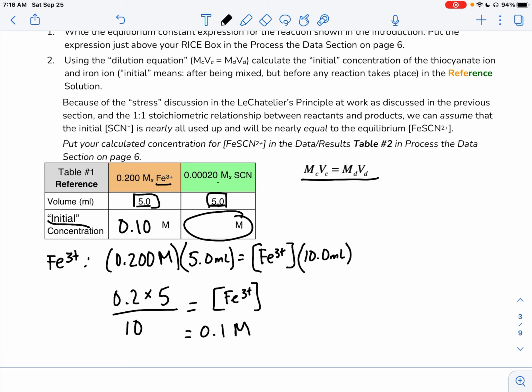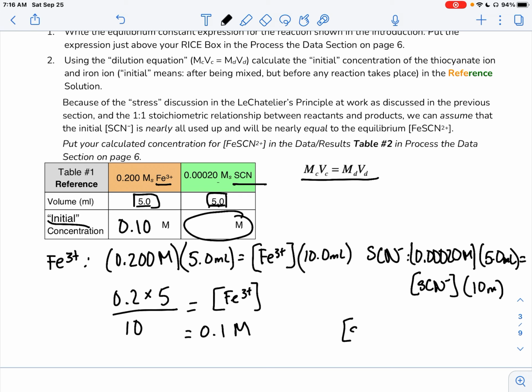So now we're going to do the same thing for SCN minus. So we start with this, and we use 5 milliliters of it. So what is our concentration when we have 10?